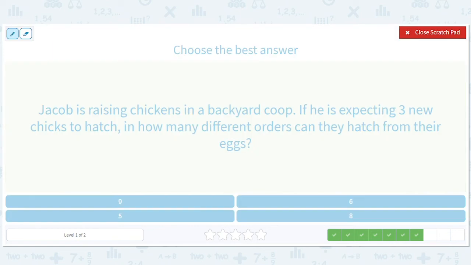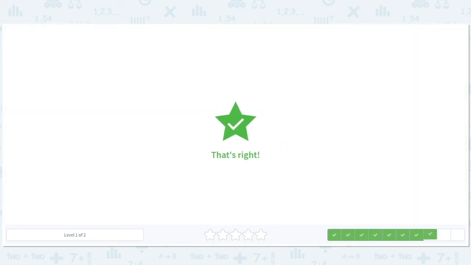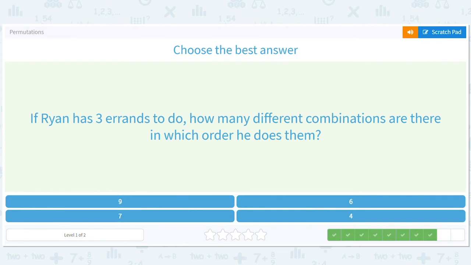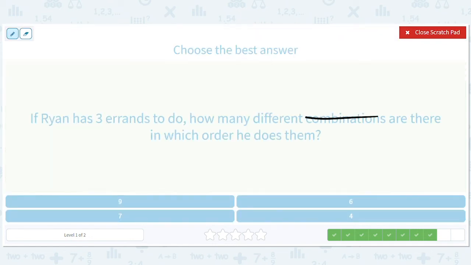So you've picked up the pattern here, right? When you're talking about ordering things, it's the number of things factorial. So it'll be 3 times 2 times 1, which is 6. If Ryan has 3 errands to do, how many different combinations, permutations, are there in which order he does them?